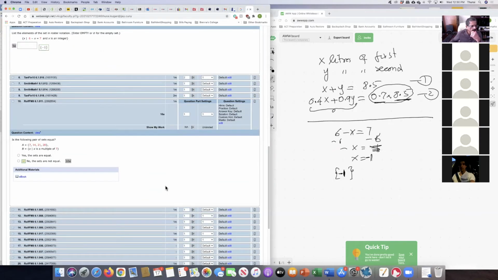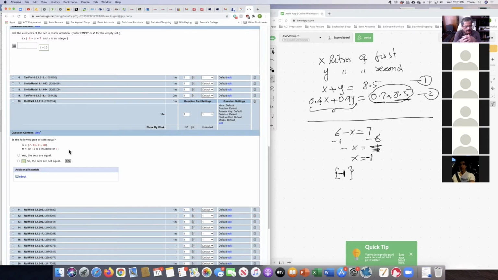A has all the elements listed. B has the set builder notation. Are they equal is the question. B says X is a multiple of 7. That means all the numbers that are multiples of 7 will be in there. That's infinitely many numbers, right?